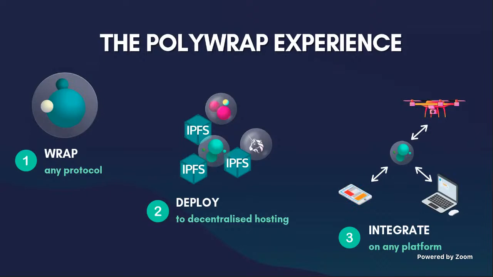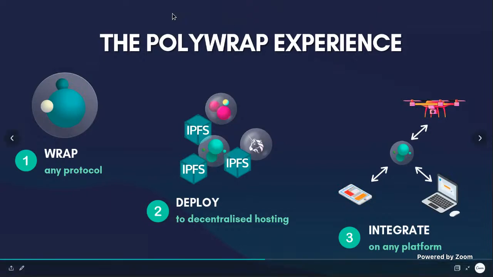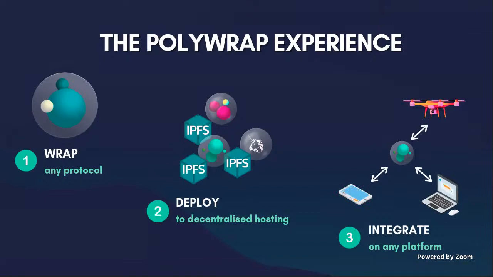Third, other dApp developers can integrate your polywrapper by installing the Polywrap client, which fetches all the business logic at runtime. Currently the Polywrap client we have developed first is the JavaScript client, and we'll be developing more in the future. Next up, we'll be making a native client with Rust that can work on all native platforms.